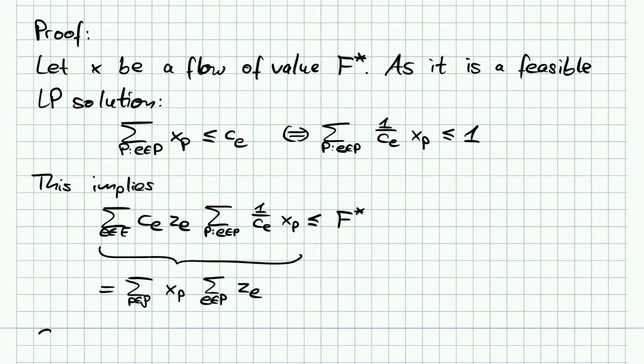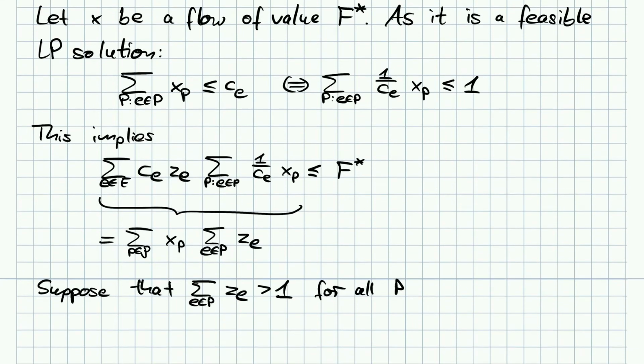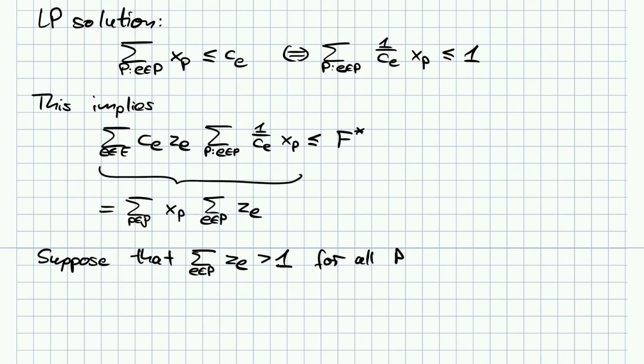So if we suppose that the sum of the edge lengths is bigger than 1 for all paths, then what do we have?